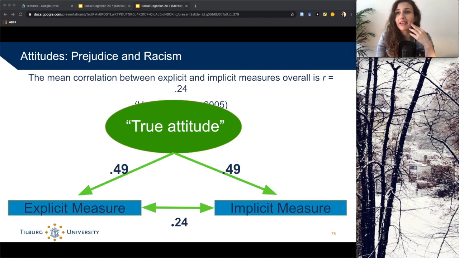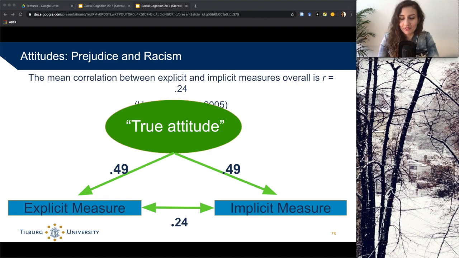But we don't know exactly why it is that low, right? It might just be that both of them don't really measure what we're interested in. So the IAT also doesn't really solve our measurement problem for attitudes. Is there another thing that we could use to try to gauge whether people hold prejudiced attitudes and if perhaps they're even racist?